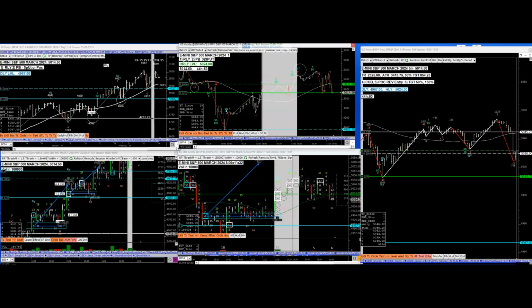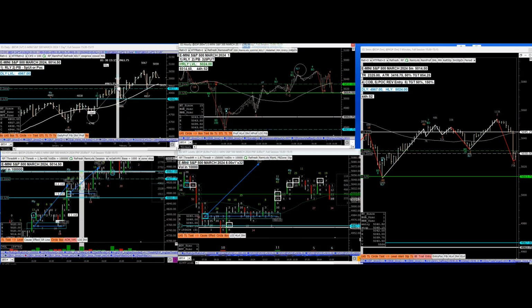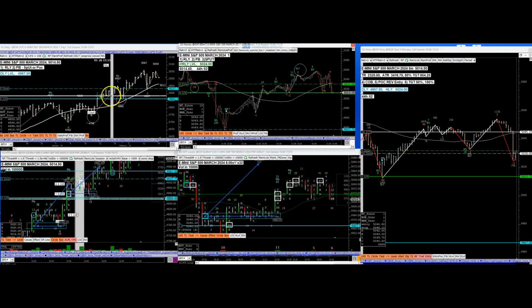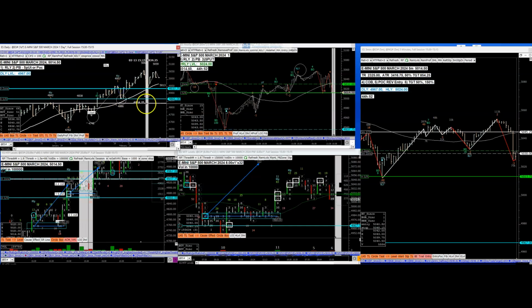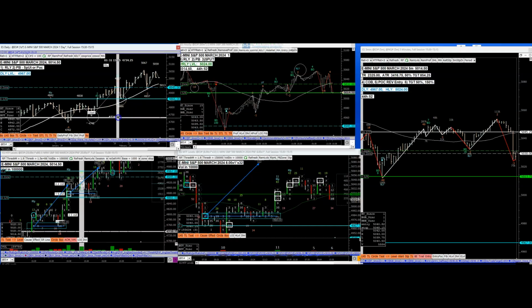What direction do you trade, long or short? Defined by trend. But where to find the trade is defined by support resistance. And what is the support resistance? It is typically either the creek or ice, or the low and high bar around here. So over here, this is the low bar right here.